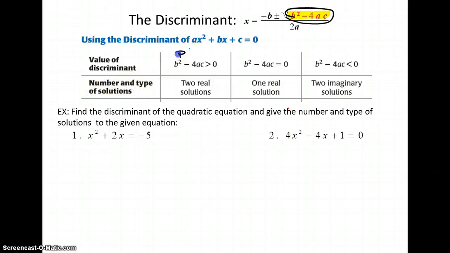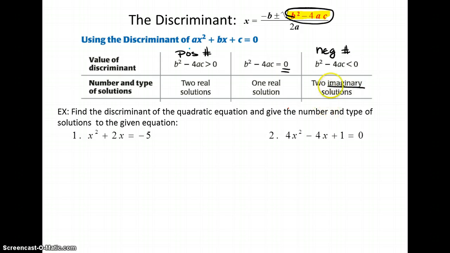So if I get a positive number when I plug in b squared minus 4ac, then I know that I will have 2 real solutions. If I get 0 when I plug in b squared minus 4ac, then I will have 1 real solution. And if I get a negative number here, negativo, then I should have 2 imaginary numbers.